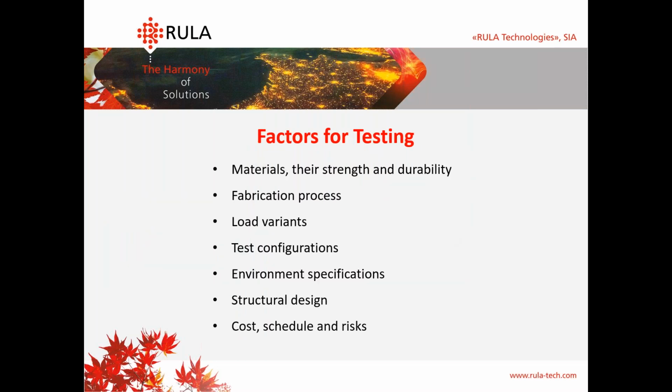Here you can see main factors for vibration testing. Firstly, we need to check the materials for production, their strength, their durability. Also, we need to control the fabrication process to check its quality. After that, we need to check all kinds of load variants for our spacecraft engine or vehicle.